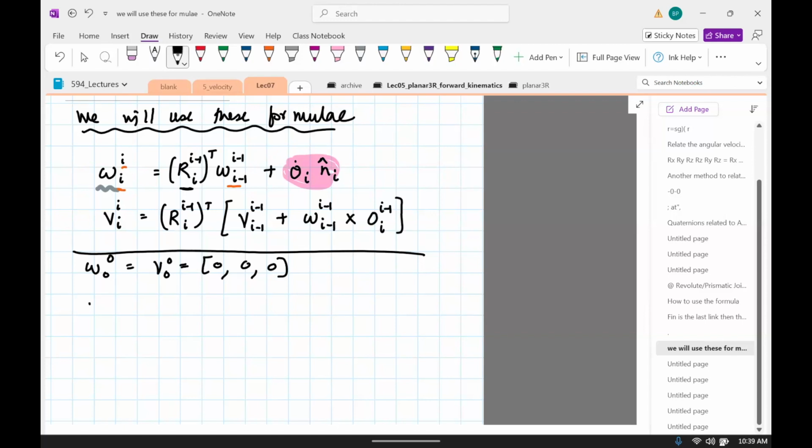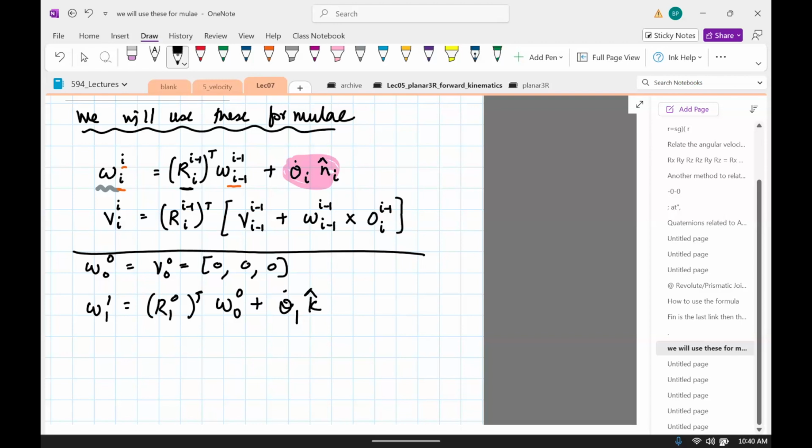Next, omega 1,1 would be R10 transpose omega 0,0 plus theta dot 1. Here n is just k, right? It's in the z direction.